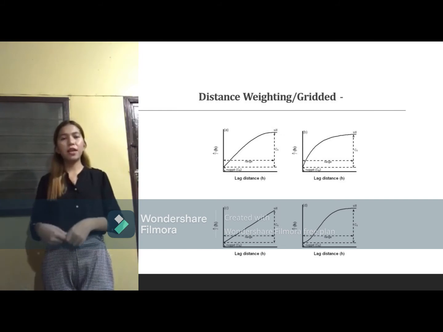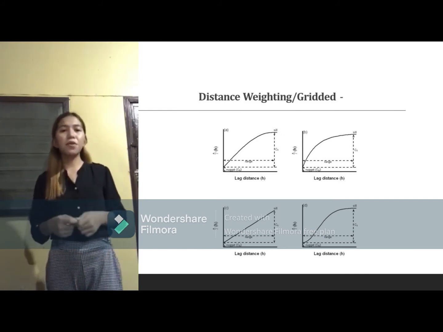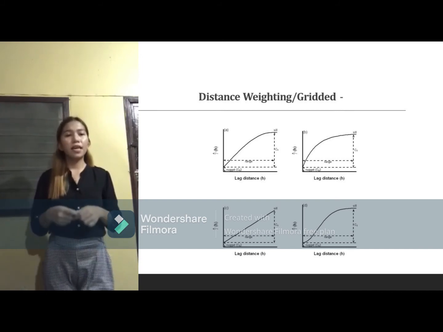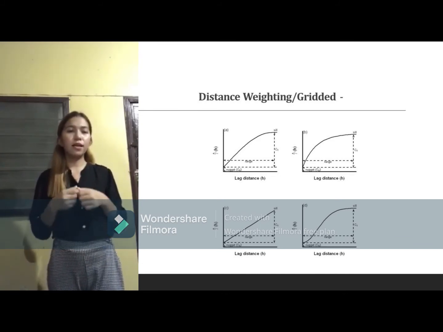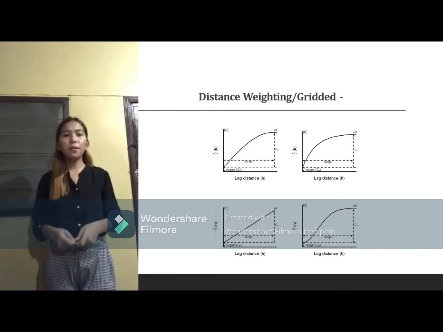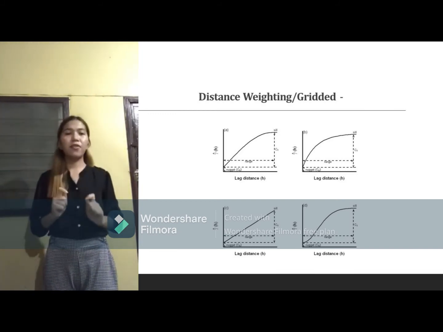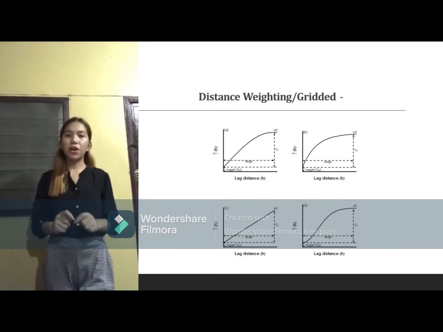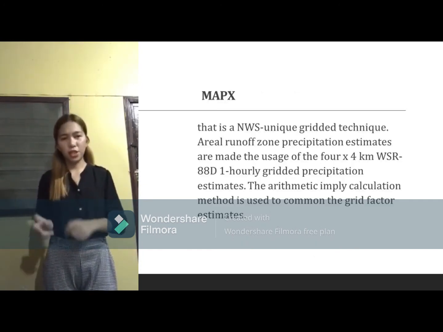The grid point precipitation value is calculated based on the sum of the individual station weights multiplied by the observed station value. Once the grid points have all been estimated, their sum is divided by the number of grid points to obtain the areal average precipitation.